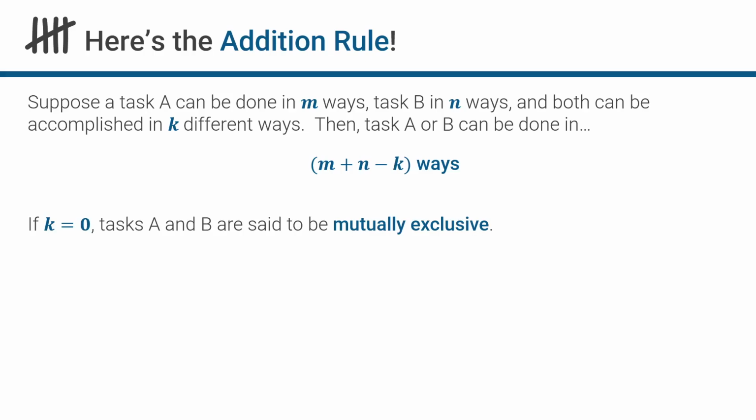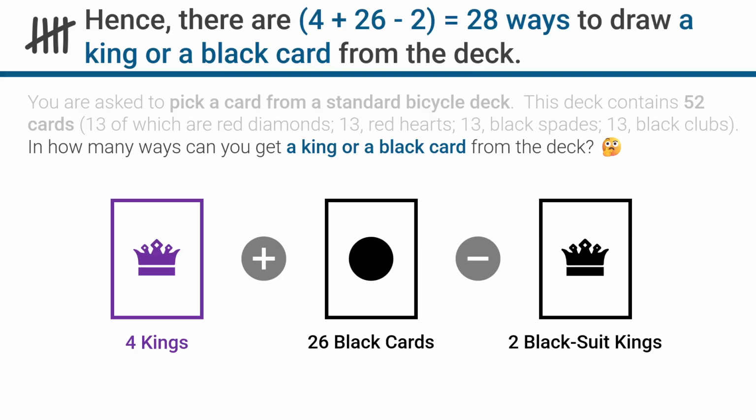In this example, we remove the black kings because within the four kings there are already those two black kings. We added all of the 26 black cards, including the two other kings, so if we straightforwardly add them together, there will be double counting of the black kings. So you need to remove them so that they are not double counted, right?